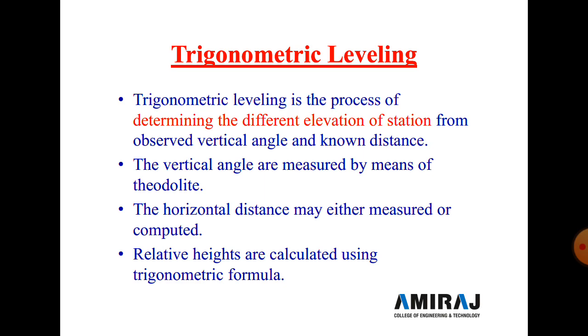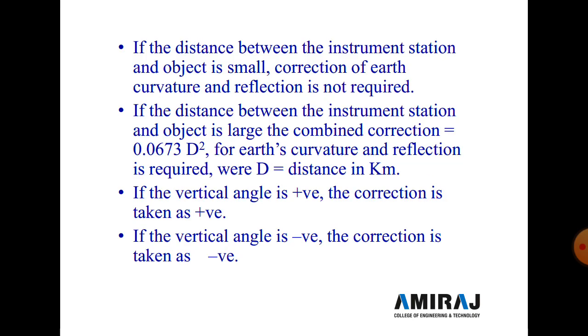In an example, we will understand the trigonometric formulas well. If the distance between the instrument station and the object is small, correction for curvature of the earth and reflection is not required. In first year basic civil engineering, in plane and geodetic survey, this type of survey is done.